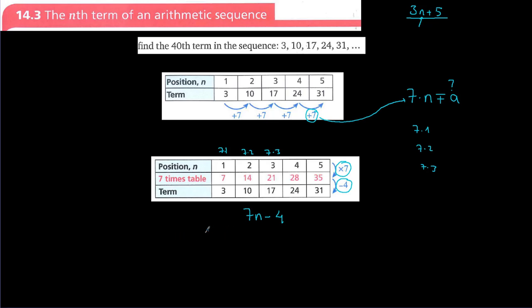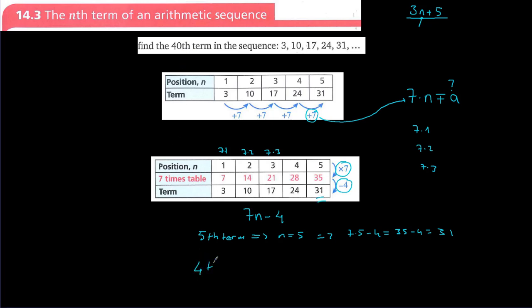And if you are looking for the fifth term, n is equal to 5, which is 7 times 5 minus 4, that's 35 minus 4, which is equal to 31, as you see here. Also, it is asking for the 40th term.